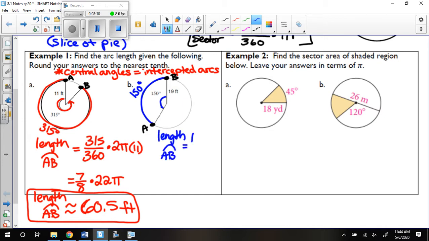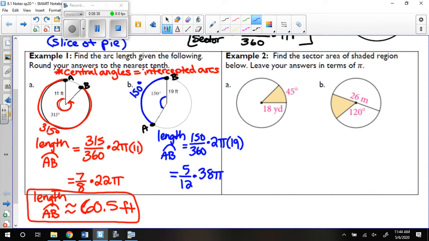Okay, we know we've got 150 over 360 multiplied with 2 times pi times our radius, which is 19. Okay, so we've got 150 over 360, which can reduce to 5 over 12, multiplied with, and 2 times 19 is 38 pi.